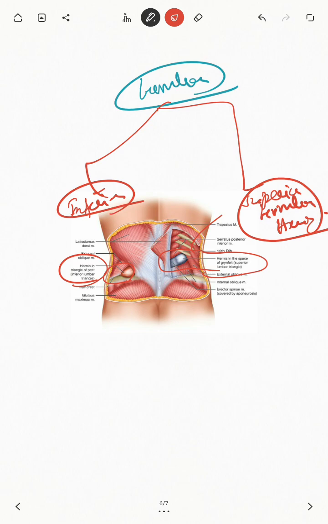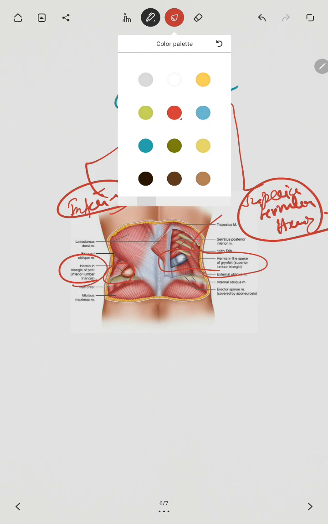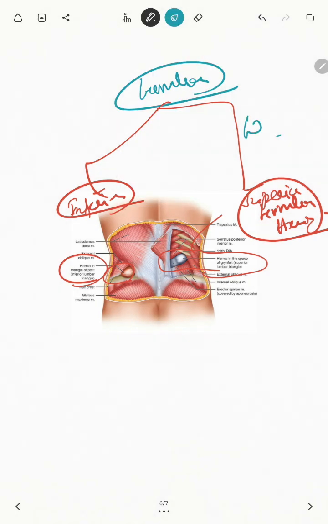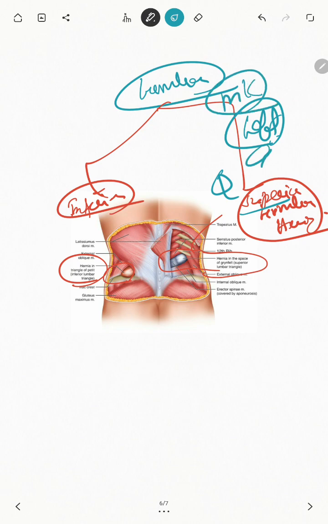So which is most common? Remember, the left side is most common. So superior lumbar hernia is most common, on the left side.